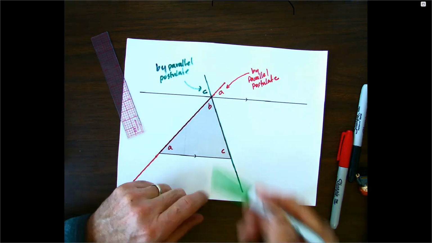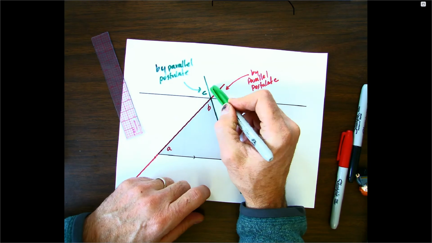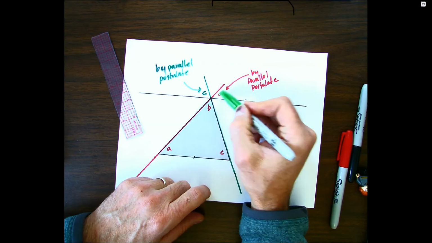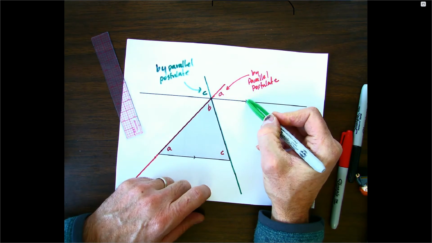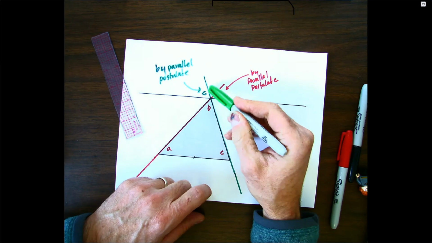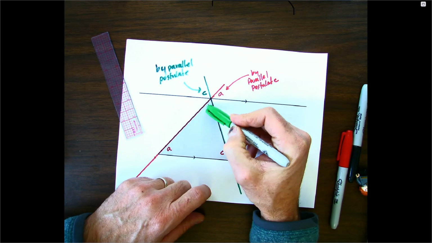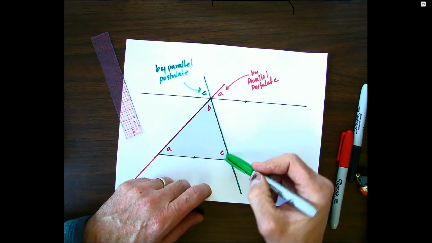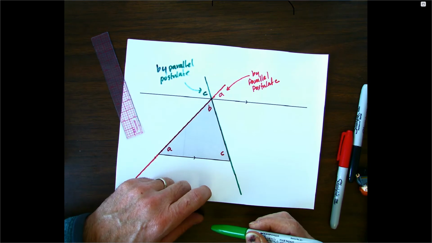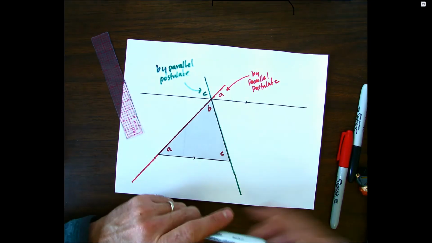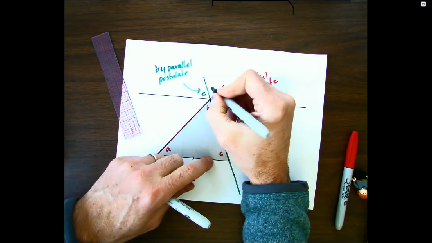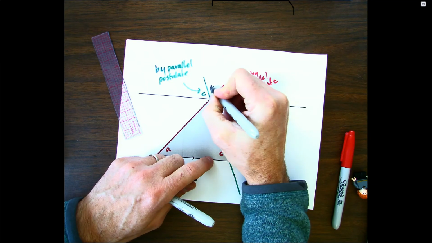What I can see now is that I'm missing just one angle right here that, when I add those three together, would make a straight angle, which would be 180 degrees. The one angle I'm missing is this angle, to make A plus B plus C equal 180. This angle has to be congruent to that angle, but by a different reasoning. Oops, that should be a B, right?